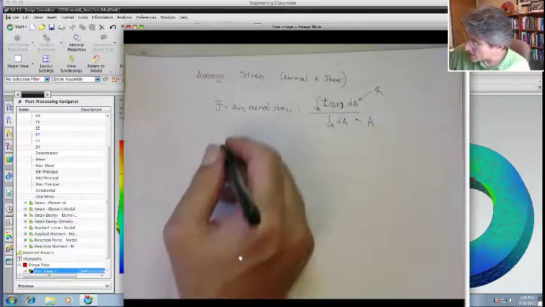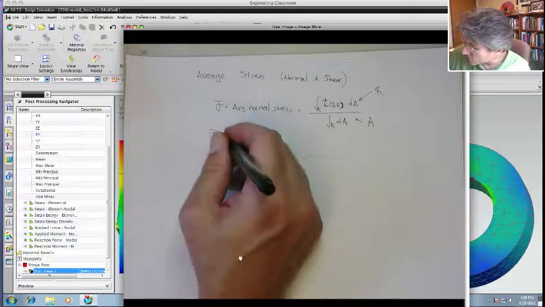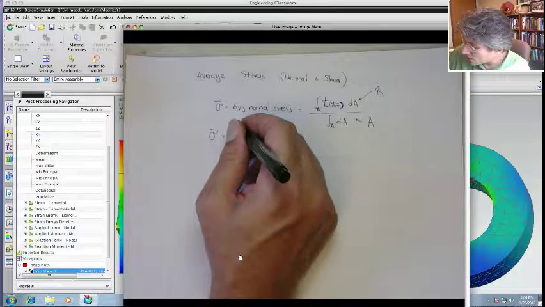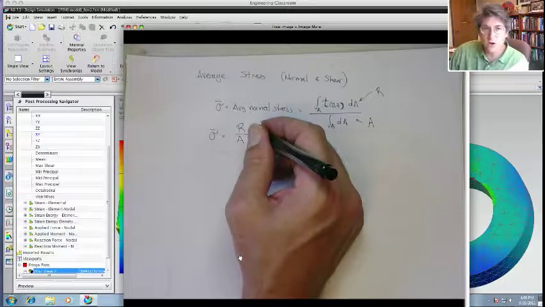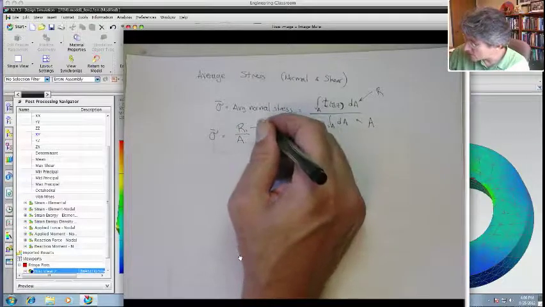So this is what gives us the fact that the average normal stress is also R over A, where this is the internal reaction force.